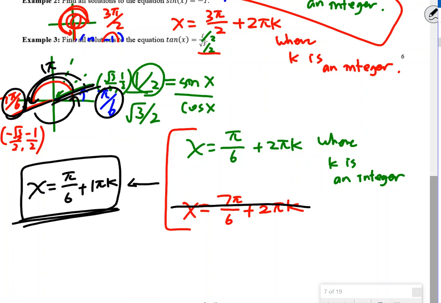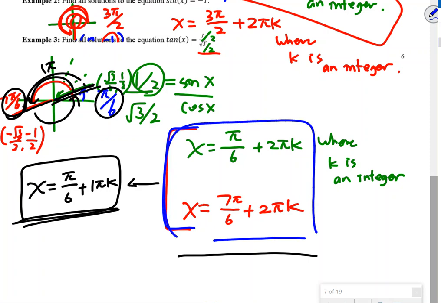So this can be the answer. Or if you want to put both of them, then these two are the answer. Just follow what the question asks you to do when you're taking the assessment. Either simplify this way, or give two answers from two angles.